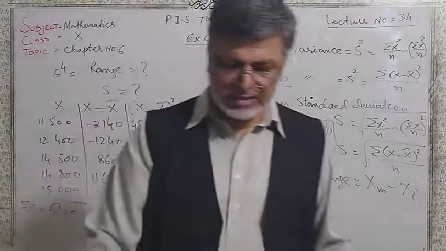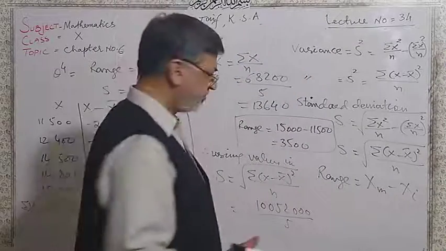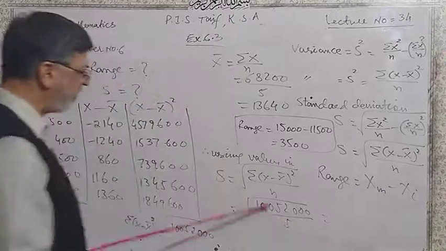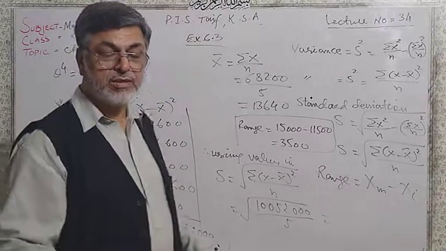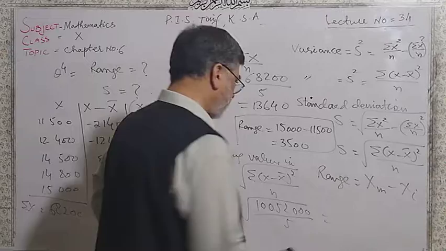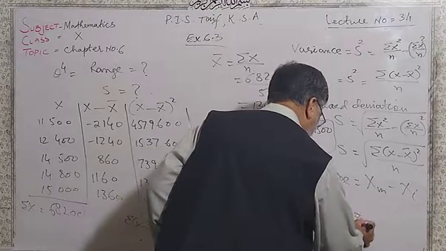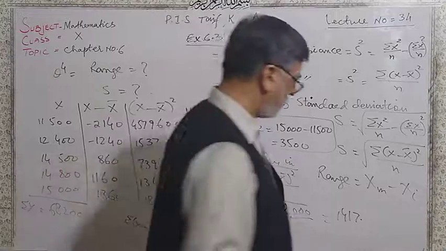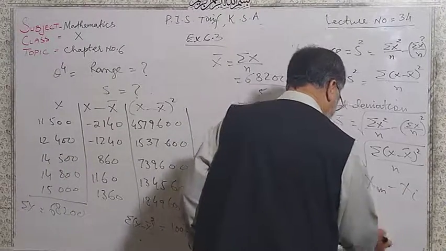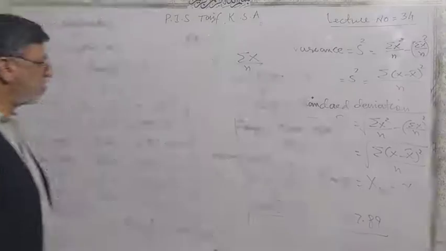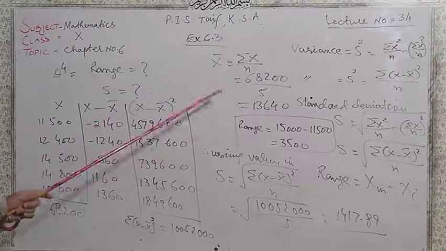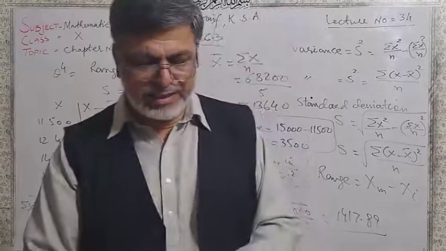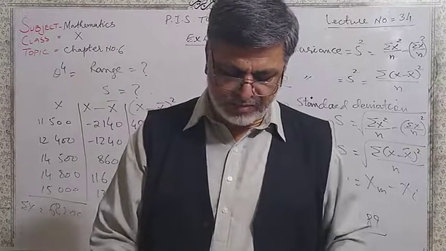Yes, n was 5, under root. When you divide by 5 and then you take square root, the final answer is 1417.88 or 89. So dear students, this is the way how to find the standard deviation with the help of this formula.